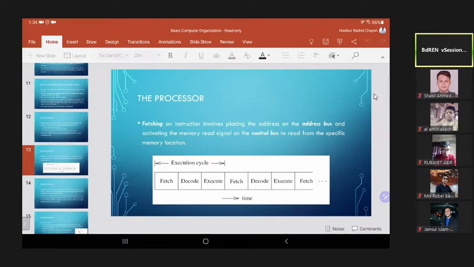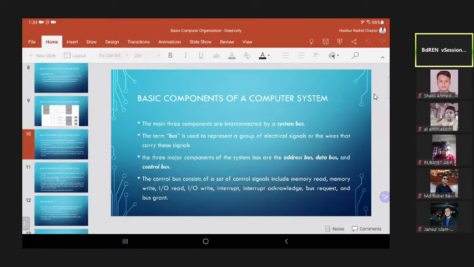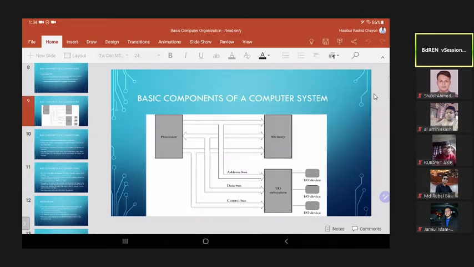If you remember our control bus, this is a memory read operation, right? So your control signal should be memory read. In the control bus, you should have a memory read. In the address bus, you should have the address of that specific memory location.